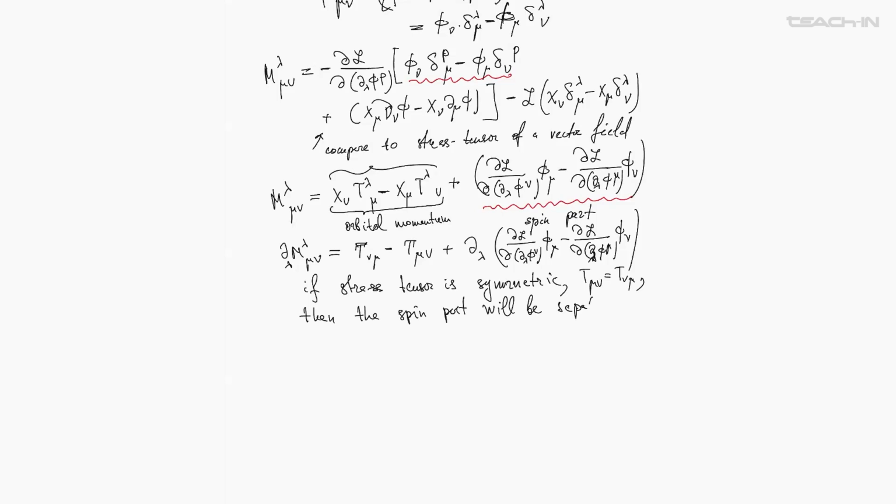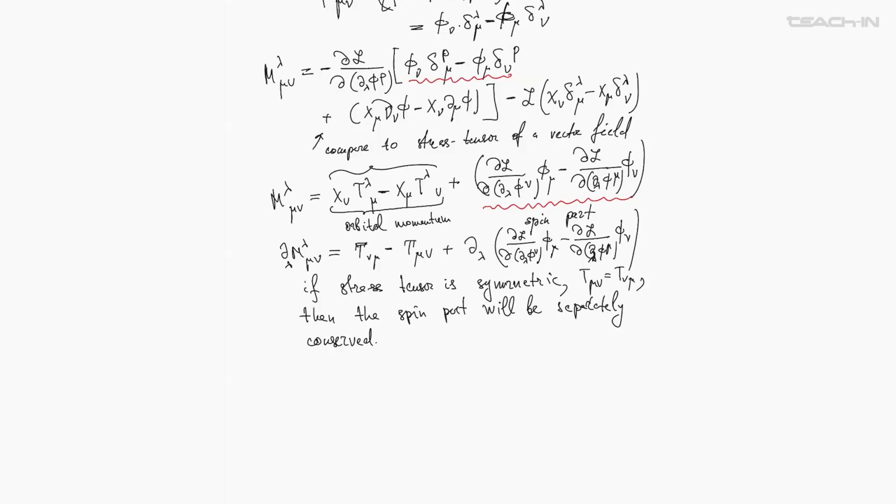In general, you don't know if your stress tensor is symmetric, and in general, you may find a non-symmetric tensor. In this case, you have no possibility to actually define two separate quantities because there is no separate conservation of the orbital part and the spin part.